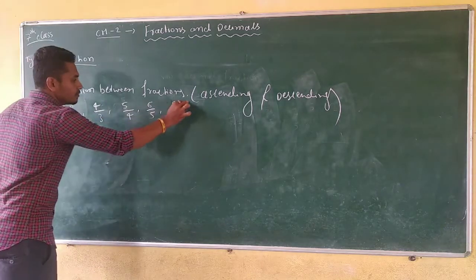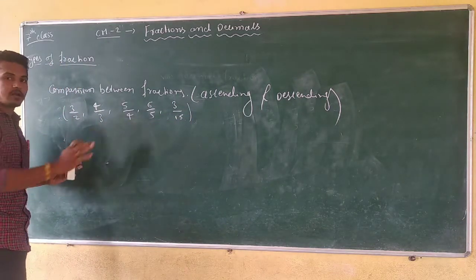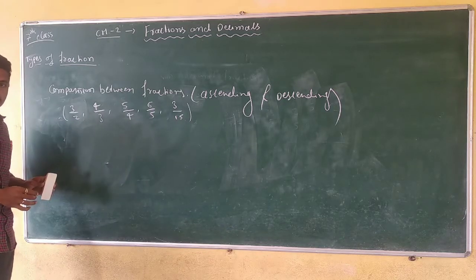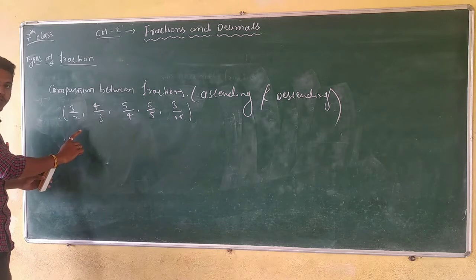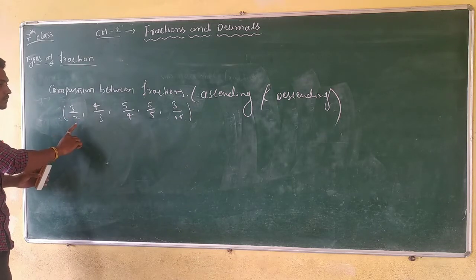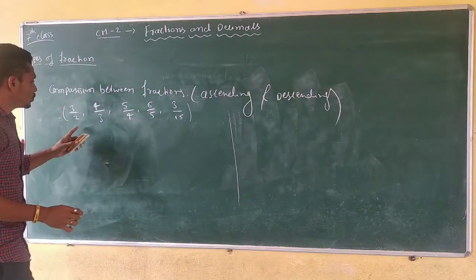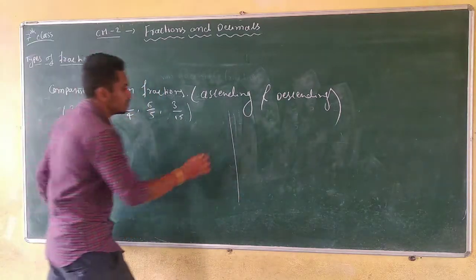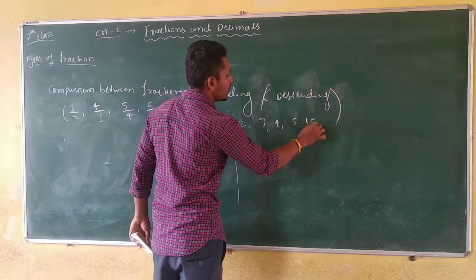Now these fractions we have to write in ascending order as well as descending order. So first you have to find their LCM. So 2, 3, 4, 5, and 15.